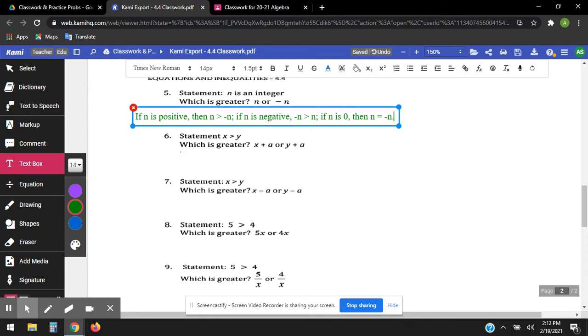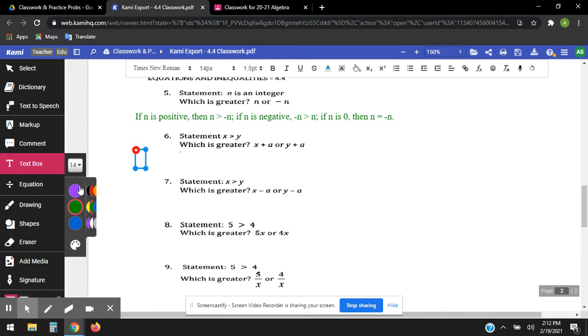All right, 6. Which statement is greater? Statement x is greater than y. So x plus a or y plus a, which is bigger? Well, if we put in any number in there, let's just try it. Let's just say x equals 3.